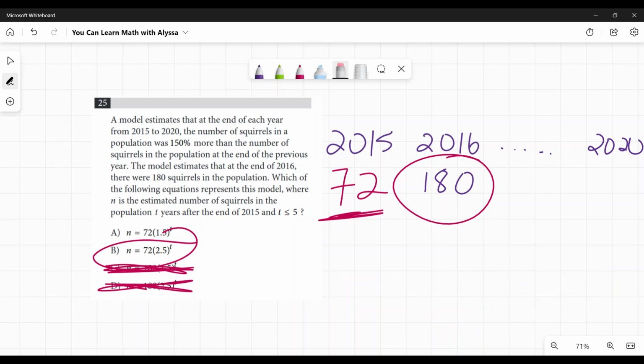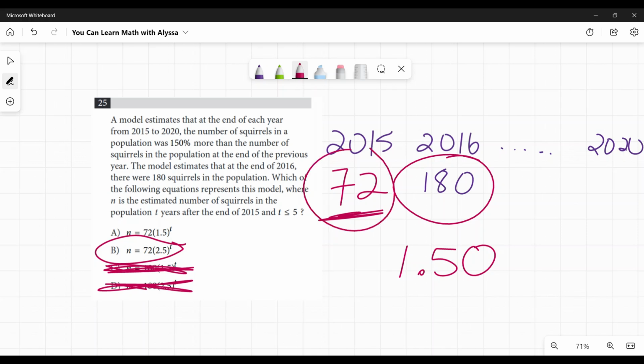If this was a question where you didn't have those options there, or if they were a little more varied, the way that you would get this is an increase of 150%. 150% or 1.50, same thing, is being added to that 72. They're not asking you what is 150% of 72.